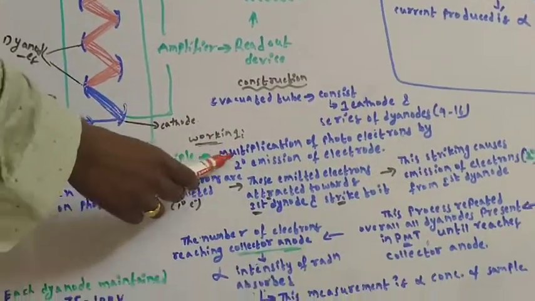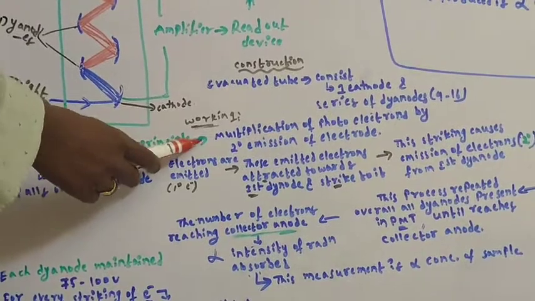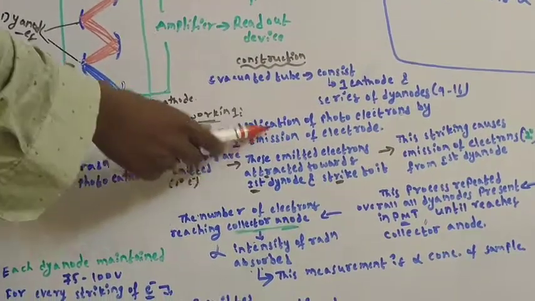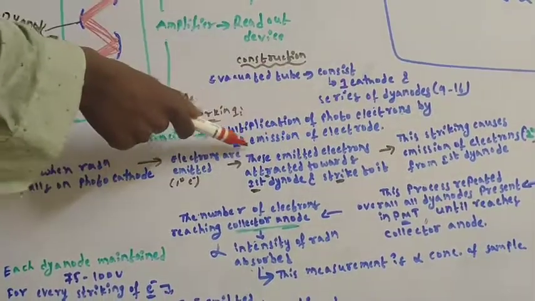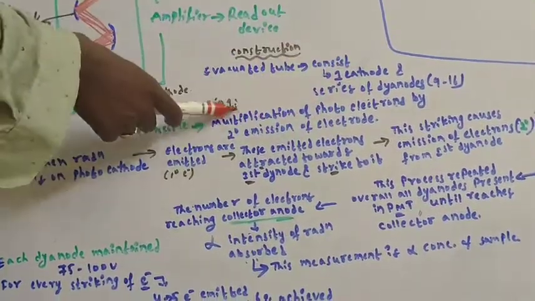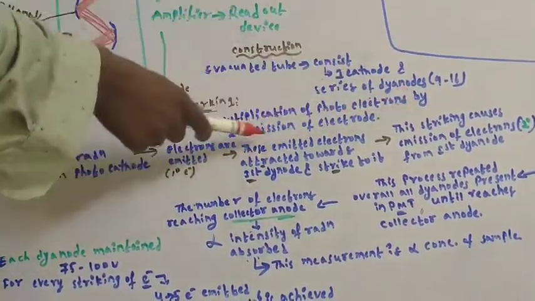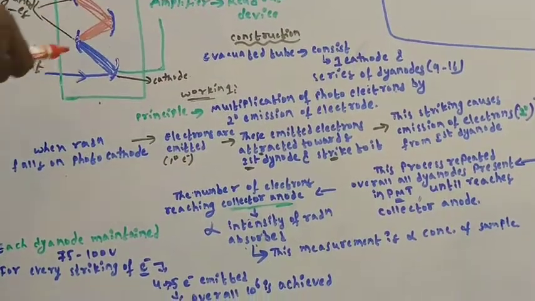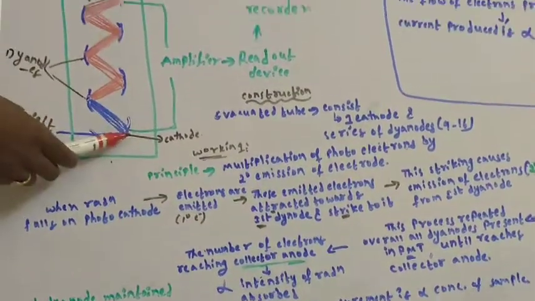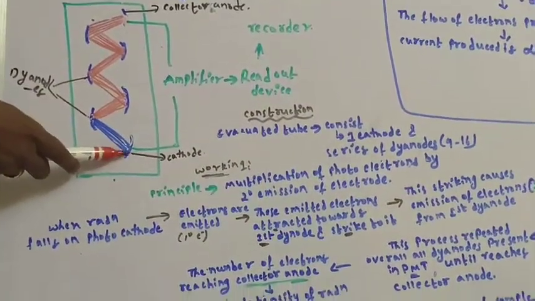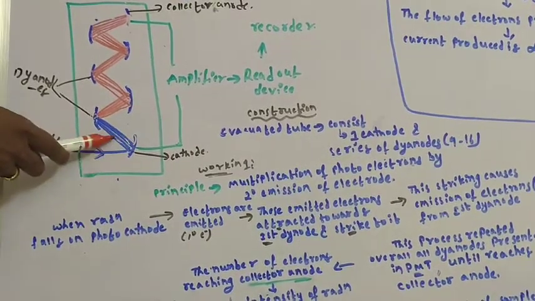The principle involved in the photomultiplier tube is multiplication of photoelectrons by secondary emission of electrons. Why secondary emission? Whenever radiation strikes the cathode, electrons are generated, right?